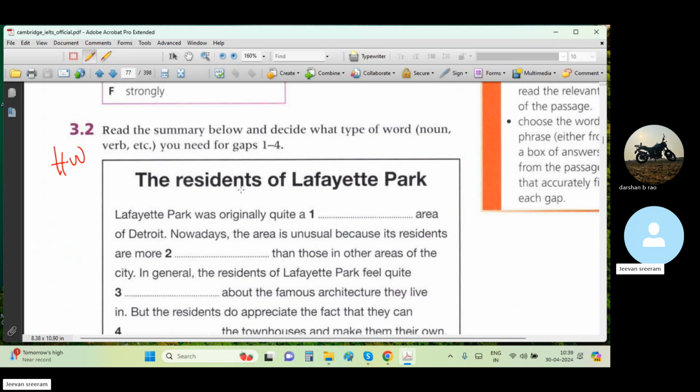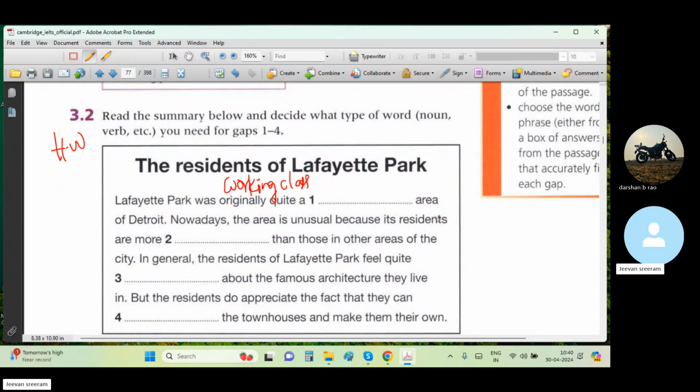working class area. Who resided in Lafayette Park basically before it was built? Working class people, working class neighborhood, right?